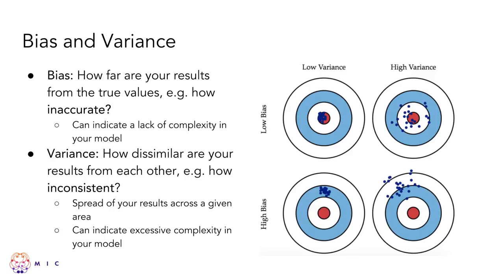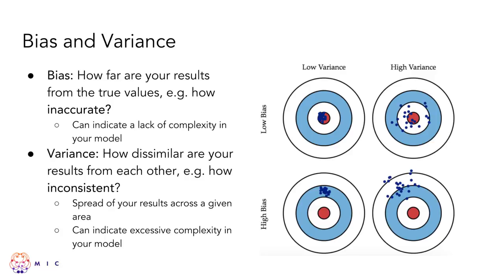As a visual example, what we're going for is low bias and low variance. That means low error and a tight group, lots of consistency. If you take a look at the targets, the little blue dots are your predictions, your results, and what we're going for is the red center of the target.